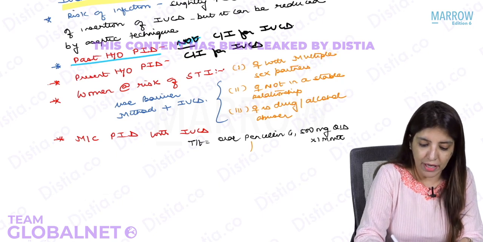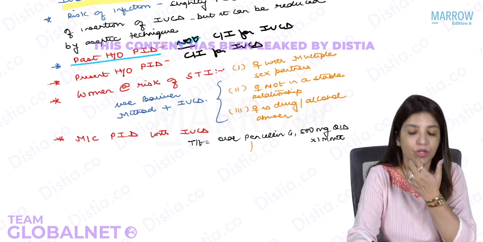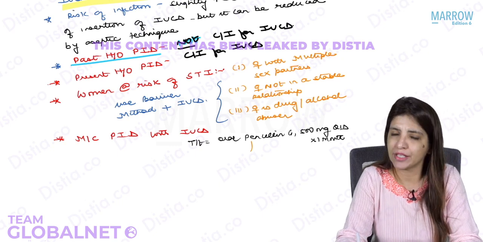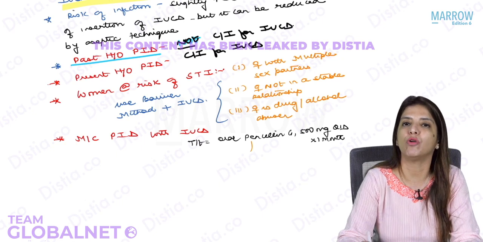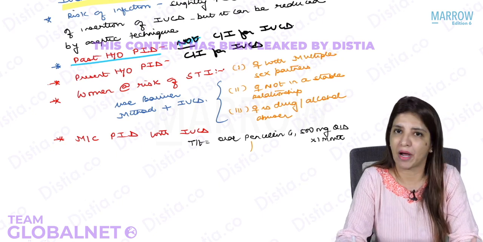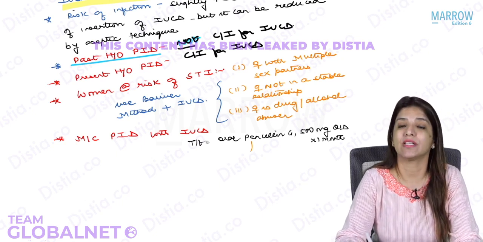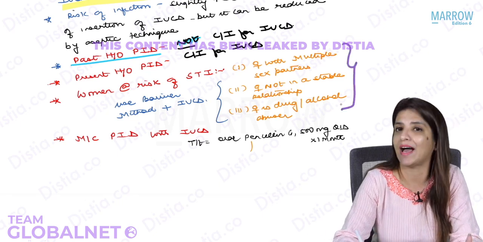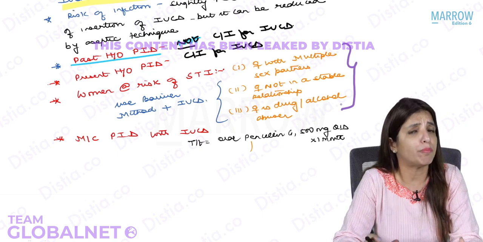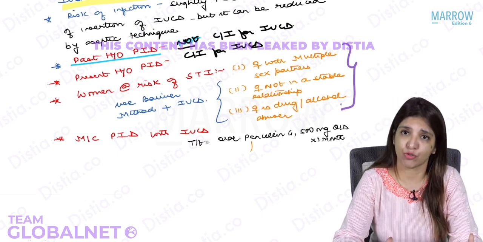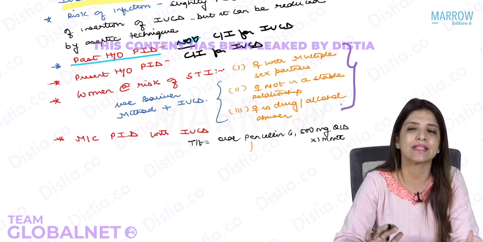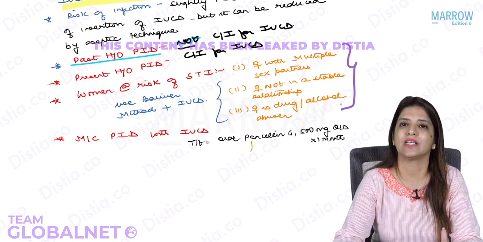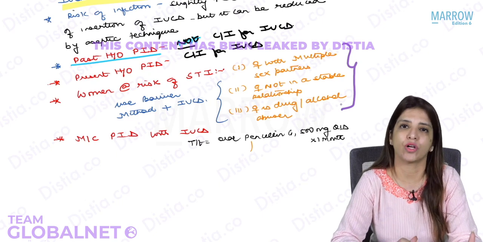Now, any female who is at risk for sexually transmitted diseases, PIDs, for example, if there is a female who has multiple sex partners, or if she's not in a very stable relationship, or suppose she's a drug abuser or alcohol abuser, we do not prefer to use IUCDs in such females. But if such females are using IUCDs, you have to advise them that along with IUCDs, they have to use a barrier contraceptive.